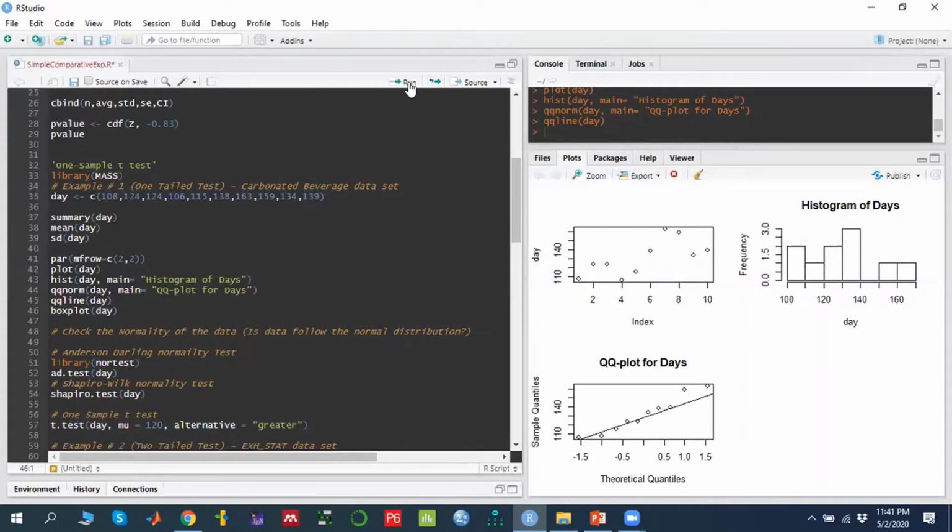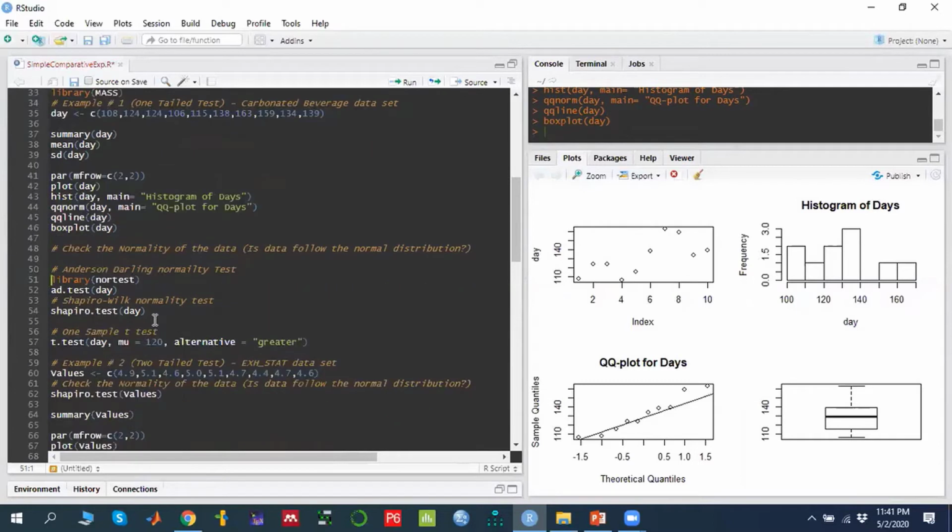We can also draw a box plot to understand the center value and how much the outliers are. So this is just a graphical representation of the data set. In order to clearly get the picture of whether the data follows the normal distribution, we need a package called nortest, that is the normality test.